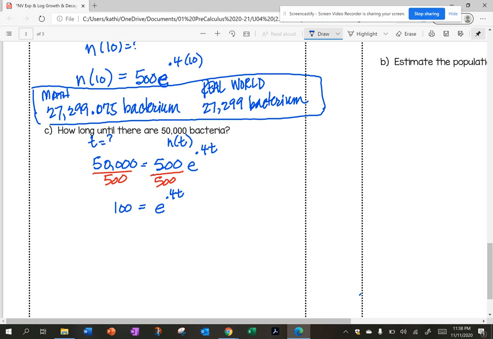Now that I have a 1 in front of my base, and my base is e, I am going to take the logarithm of base e, which is called natural log. So I'm going to take the natural log of 100 equals the natural log of e to the 0.4 t.